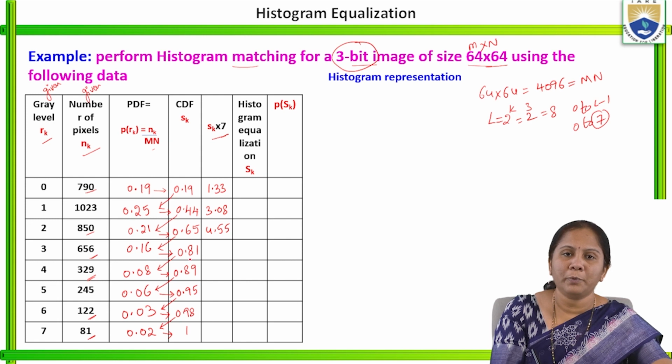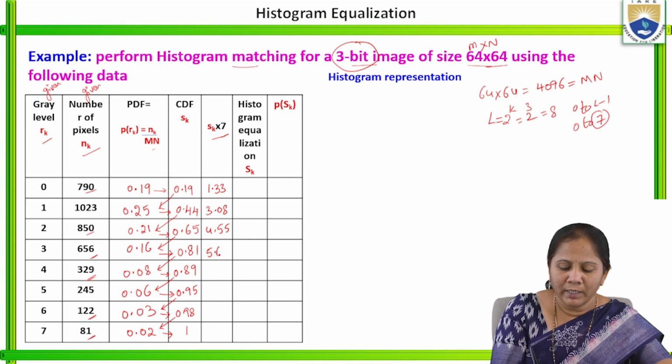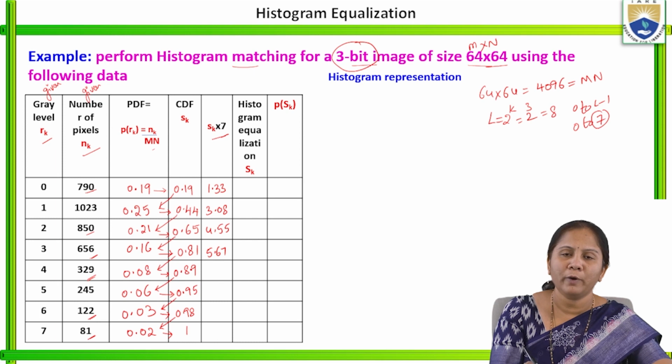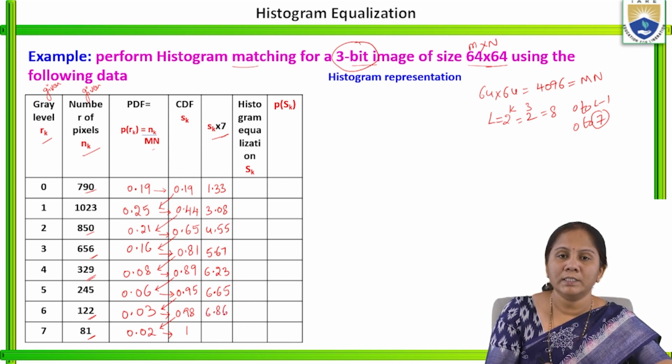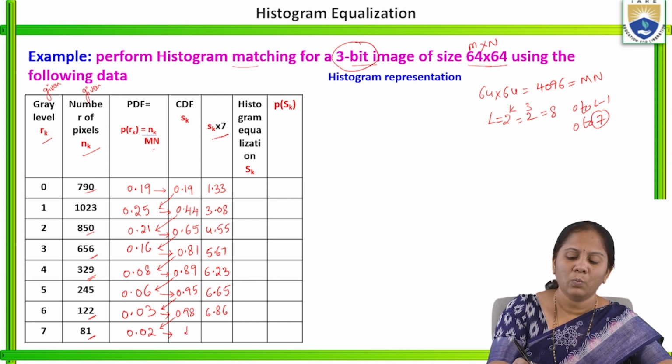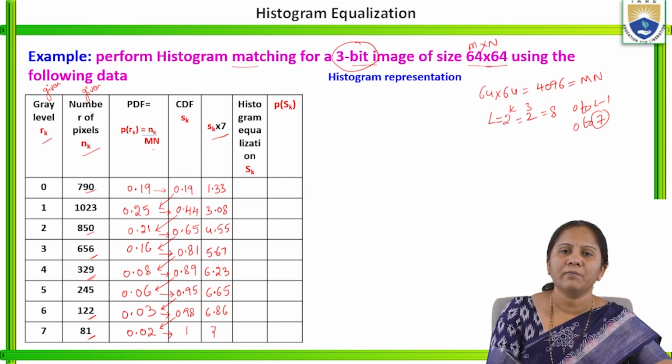The next value, 0.81 into 7, gives 5.67. 0.89 into 7 is 6.23, and the next value, 0.95 into 7, is 6.65. 0.98 into 7 is 6.86, and the last value is 1, and 1 into 7 is 7.